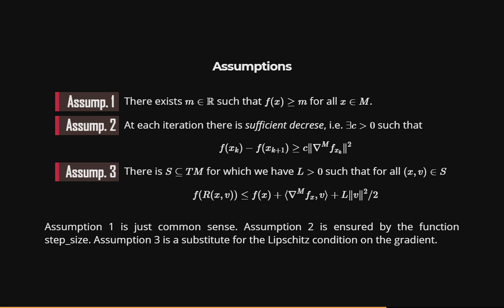You know that some L exists on some subset. And you have conditions so that everything is fine. So obviously you will have theorems that say if every step of the Riemannian gradient descent stays in S, so if every new point and every new gradient is in the set S, then we know that. And many times you can show that there exists maybe a global L for the whole of the tangent bundle, but it really depends.